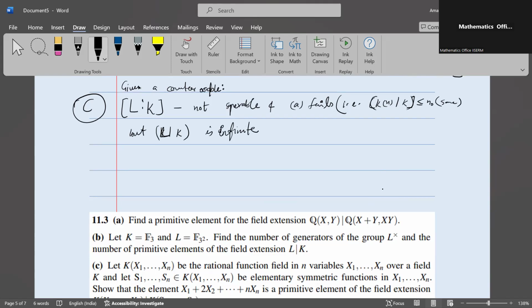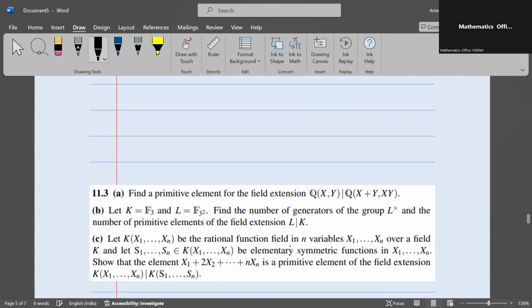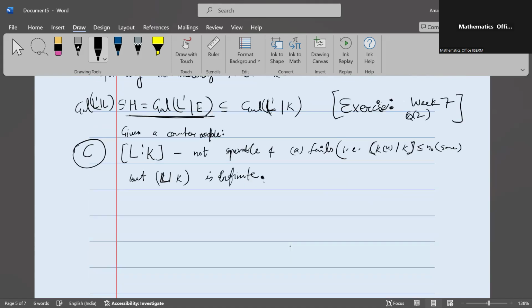Now, if you see for characteristic p, an example, this one, I'm directly writing, so that we'll do it shortly. What is the degree of extension for this, Zp, or let me write Fp?